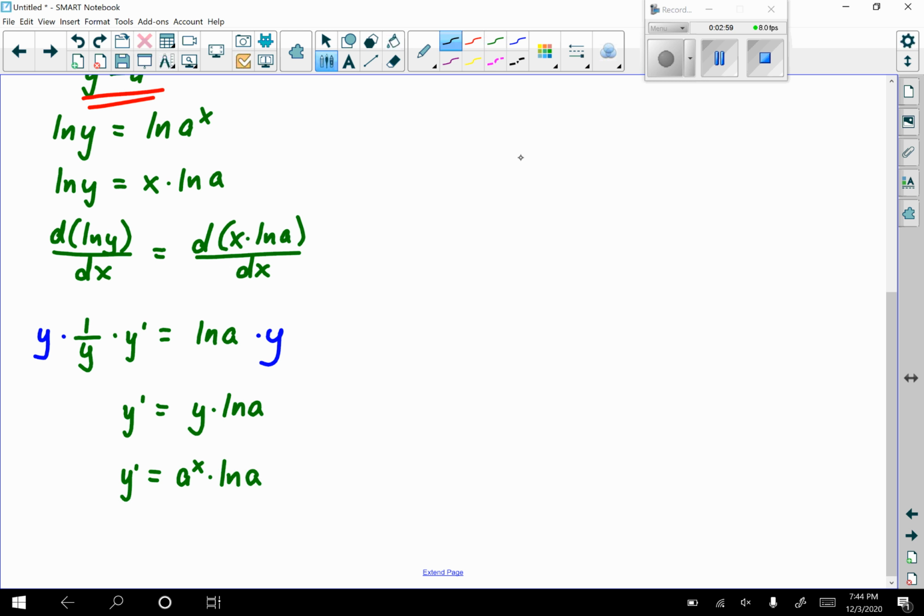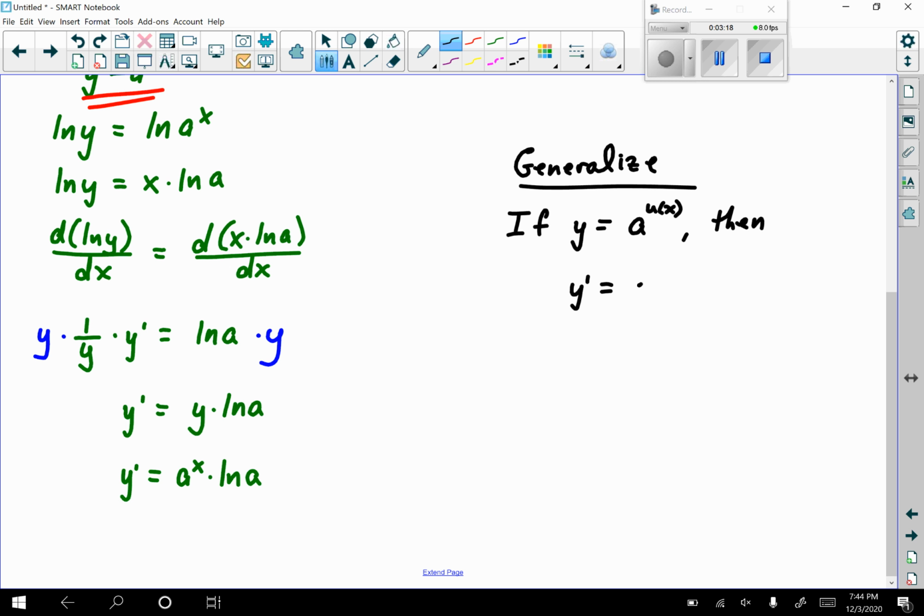So to generalize this, we're just going to say if y is equal to a to some exponent u of x, then y prime is going to be equal to a to the u of x times the natural log of a times u prime of x.